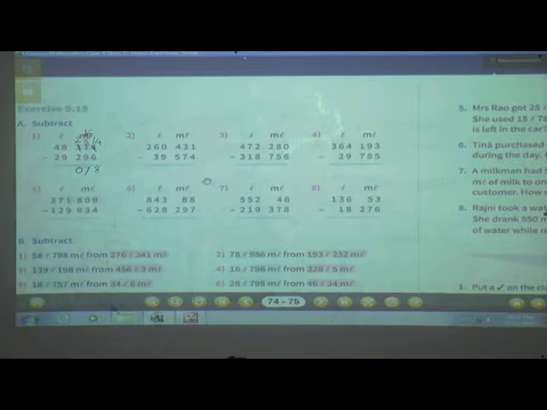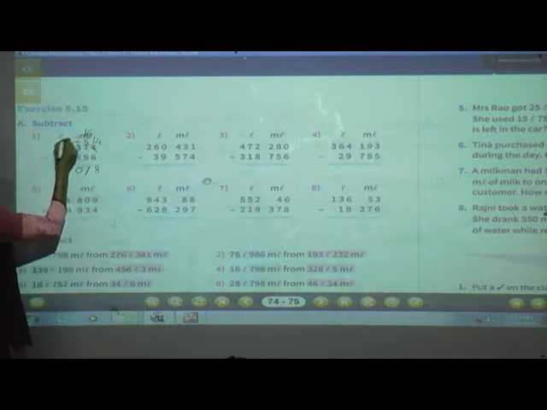Now we'll subtract the liters column. See here how many liters are there? Here 48 minus 29. So do the subtraction. 8 minus 9. Can you do 8 minus 9? No, we can't, because 8 is smaller than 9. Then what to do? Cut this 8, write as it is.